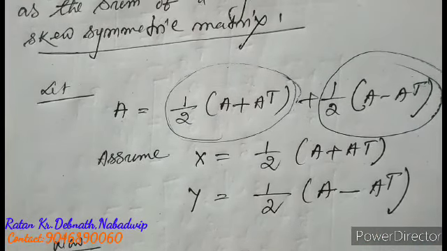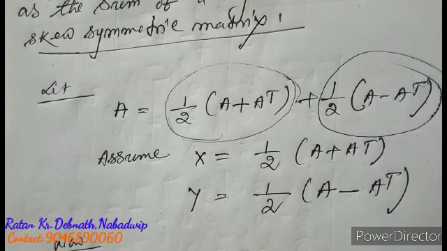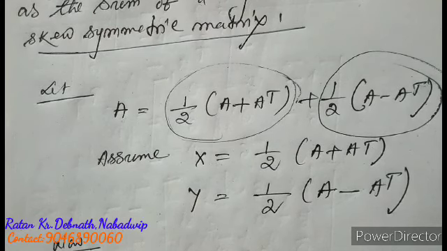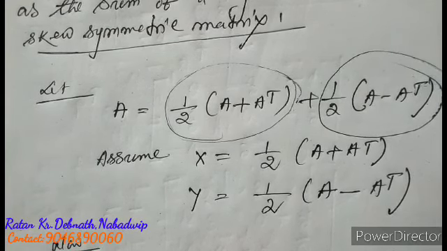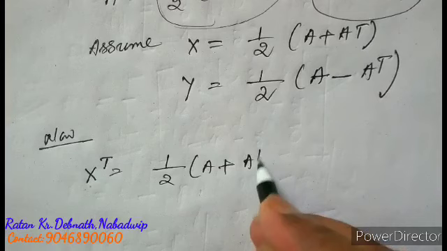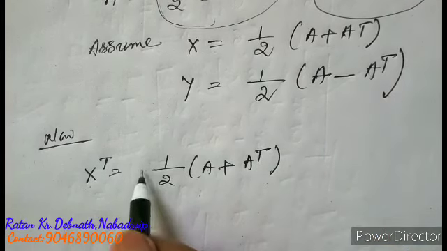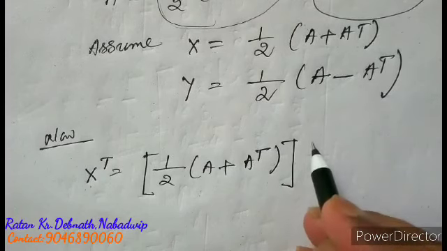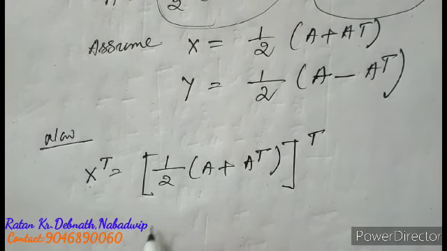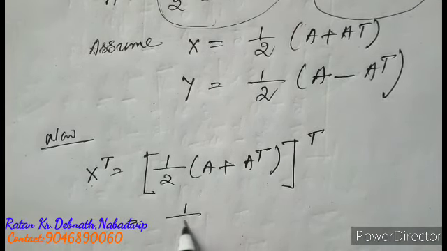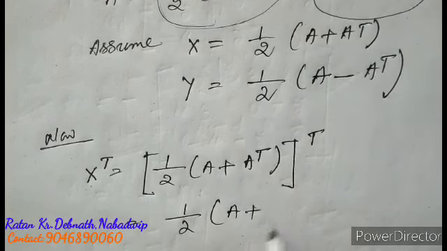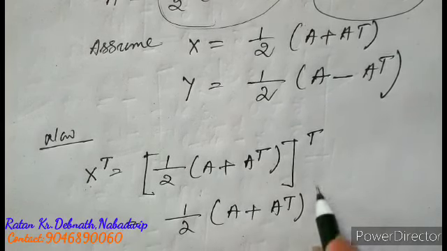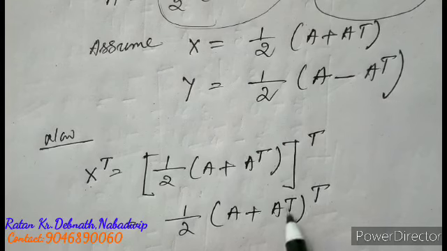Now x transpose equal to half of (A plus A transpose) whole transpose, equal to half of (A plus A transpose) whole transpose.